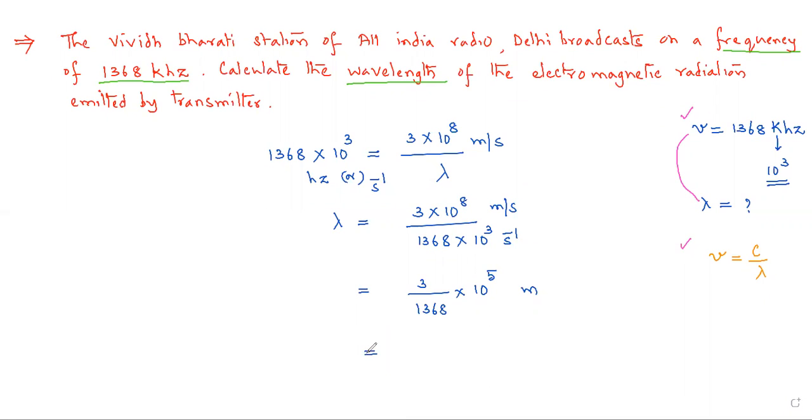Now this of course can be written, let us do it this way. Because in the denominator there is 1368, let me take 3 zeros in the numerator. For simplification, I have taken 10 power 3 from this, and only 10 power 2 is what I have written separately. Now come on, 1368.